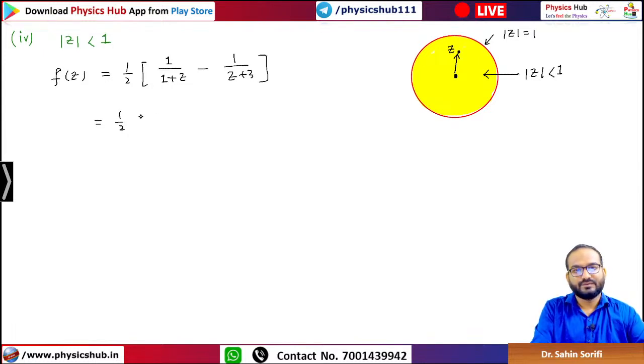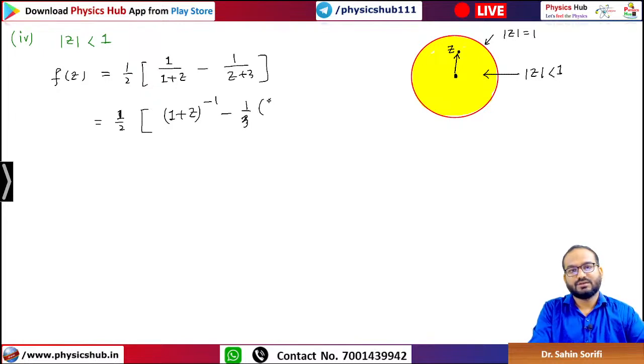So here mod z is less than 1, so 1 plus z inverse. Here you can take 3 common. If you take 3 common, what do you get? 1 plus z by 3 inverse.